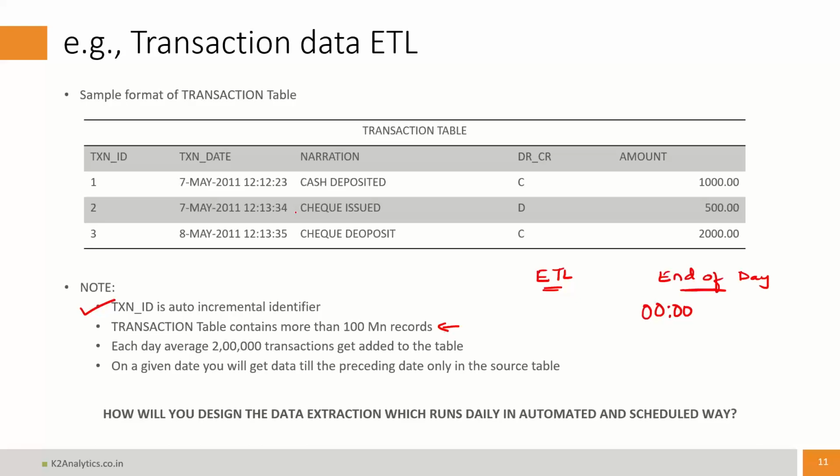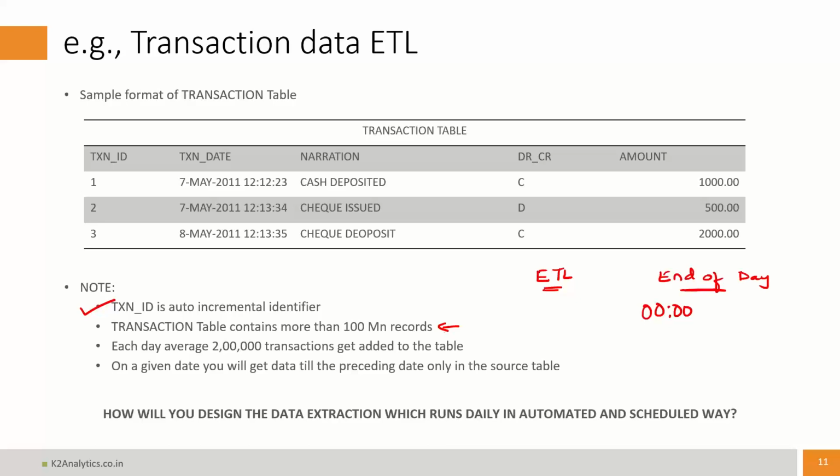Typically you don't do ETL directly from an OLTP server. Also you will be given access to a backup server, because the OLTP system has to be made available to your end customers who are doing transactions, and they should not face any glitches. Because if you are running queries on your main production system, which is used for recording all transactions done by customers, it will put a load on it.